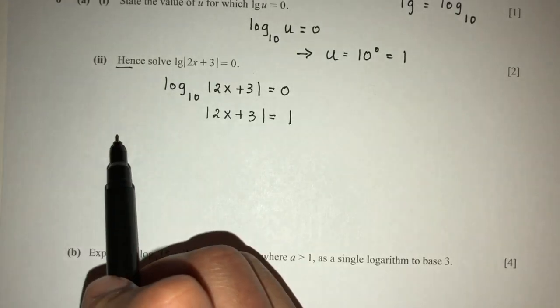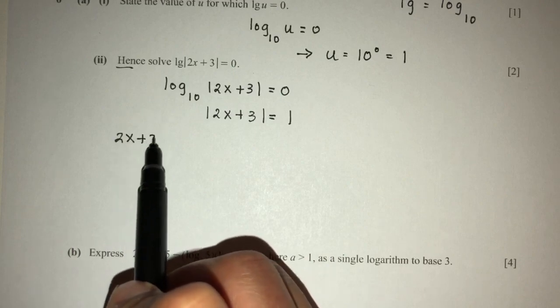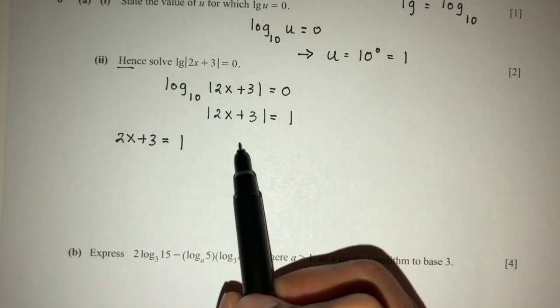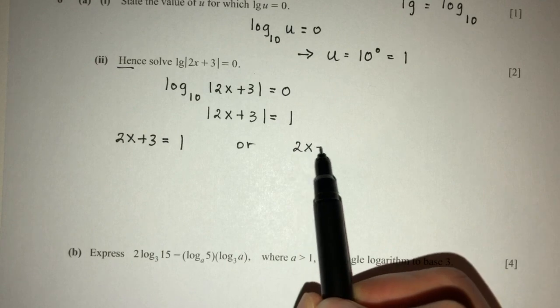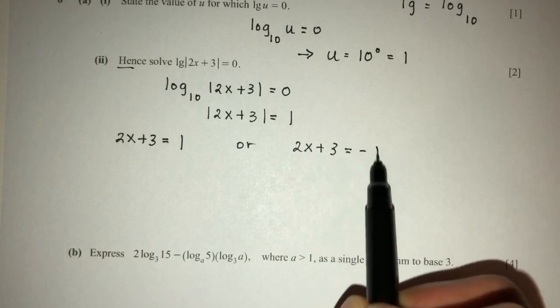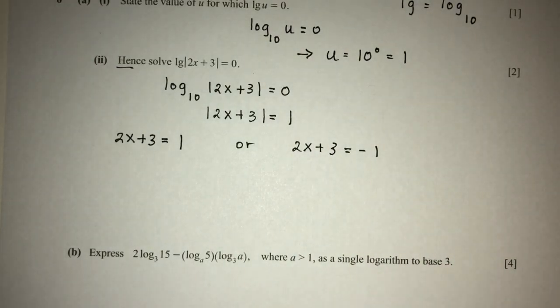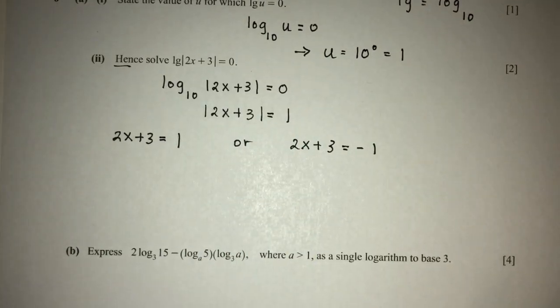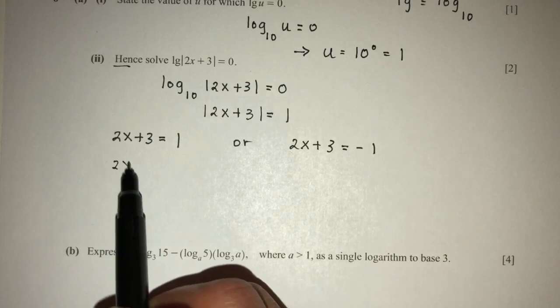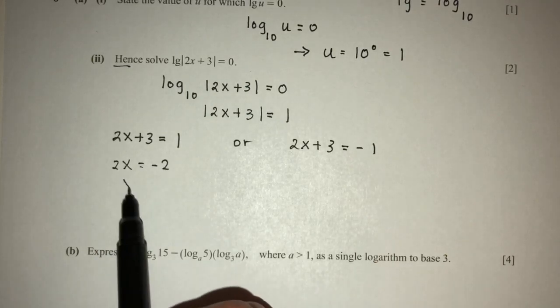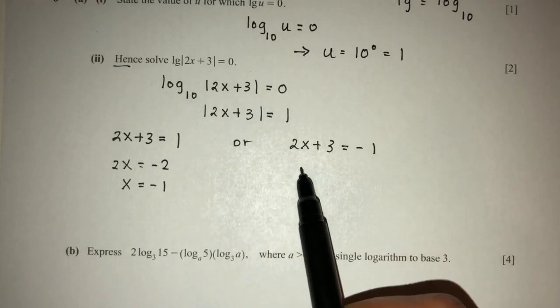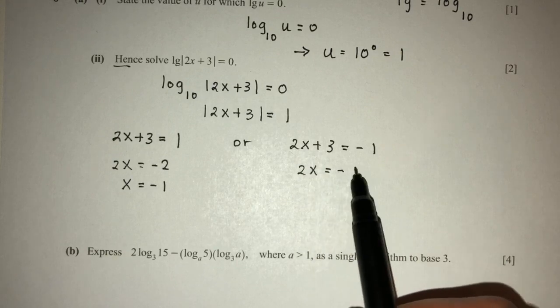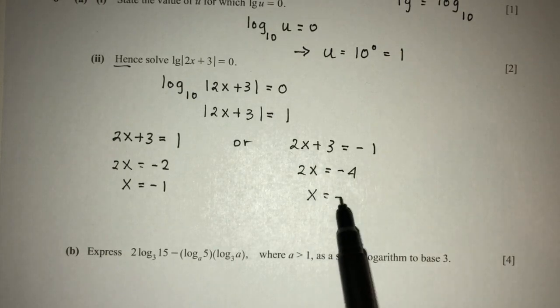Or, because of the modulus, you can write the left hand side equal to 1, or you can write 2x plus 3 equal to minus 1. That is one of the ways we can solve it. But if you want to, you can just square both sides and solve step by step. That will be 2x is minus 2, x will be minus 1. Or 2x will be minus 4, x will be minus 2.